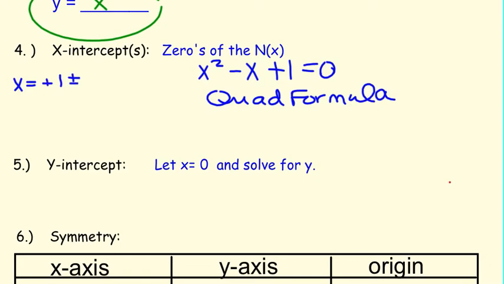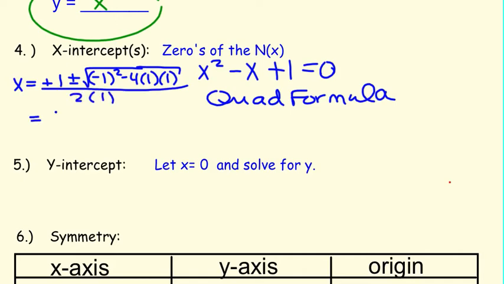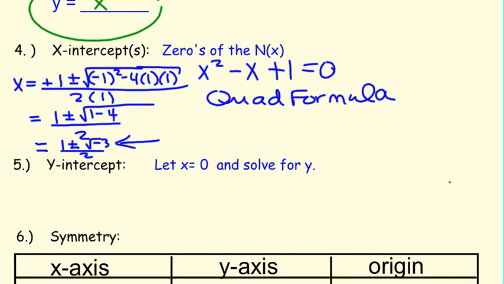Negative b plus or minus the square root of b squared minus 4ac, all over 2a. Reduce it, 1 plus or minus the square root of 1 minus 4, over 2, which is going to give us a negative under the root, a complex number, so there is none. No x-intercepts are on this graph.